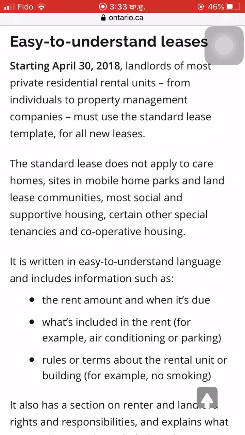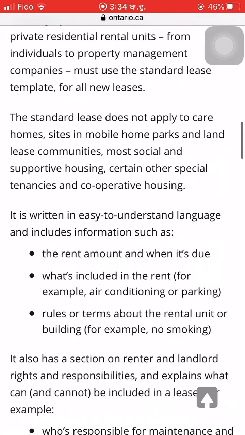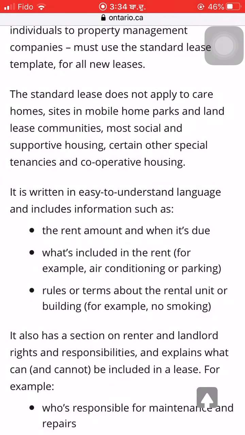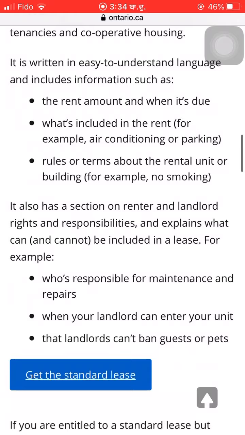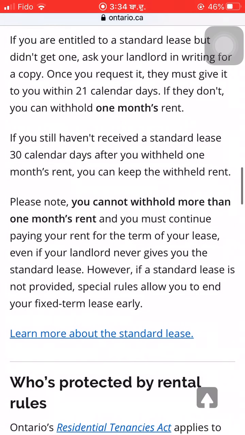It should include the services provided to you, for example a parking space or any other area given to you by your landlord. And the rules or terms about the rental unit or building, any terms and conditions which you and your landlord have agreed on, should be written on the lease papers or agreement.